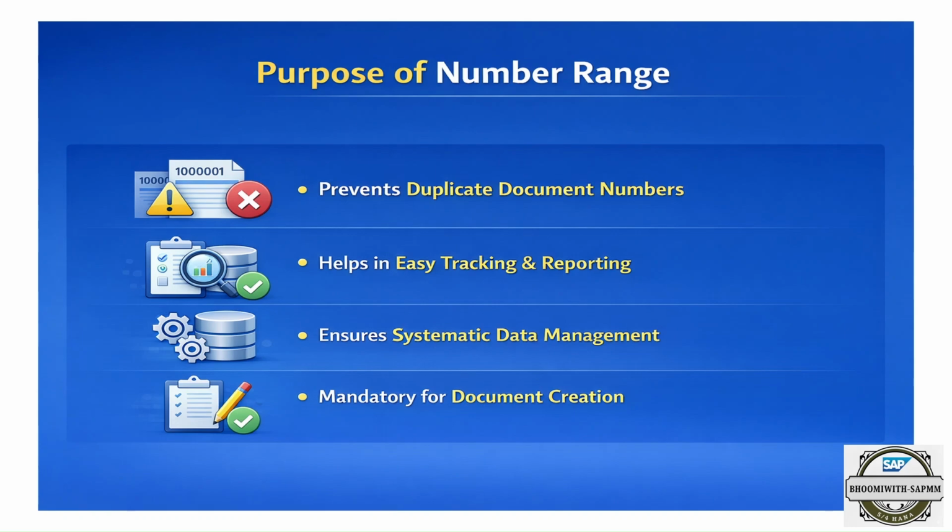It becomes easier to search, track, and generate reports. Third, number range ensures systematic data management. All documents are stored in proper sequence, which keeps the system organized. Finally, number range is mandatory for document creation. Without a defined number range, SAP will not allow the document to be created.